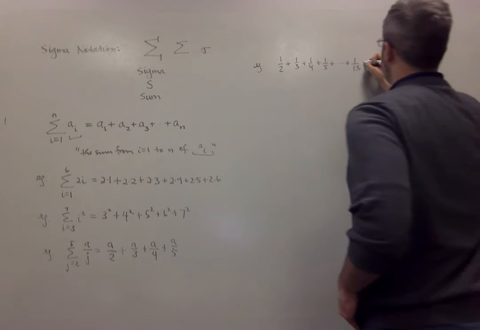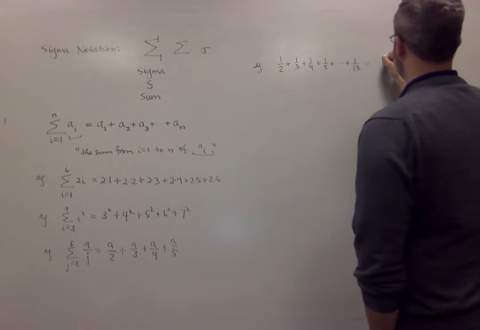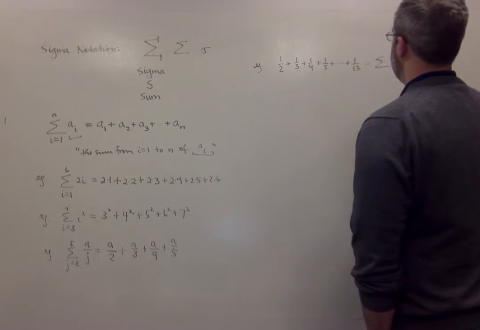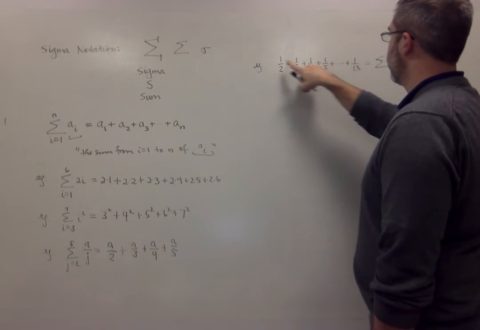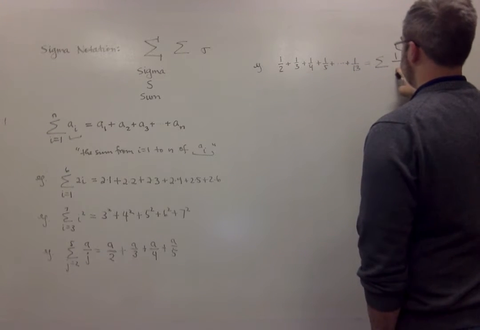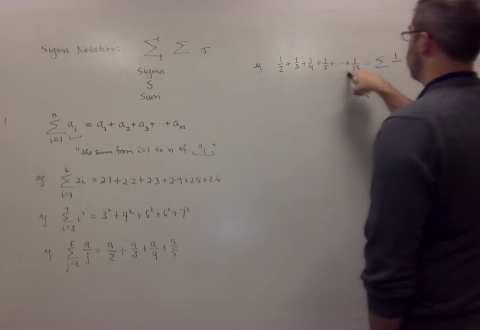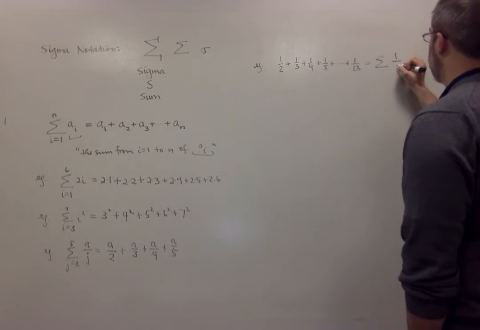So what I would need to do is, it's a sum, so I'm going to write sigma. And the pattern that I see is that everything is of the form 1 over something that's going up by 1. So let's give that something a name. Usually we use i or j. I'm going to use i, so 1 over i.